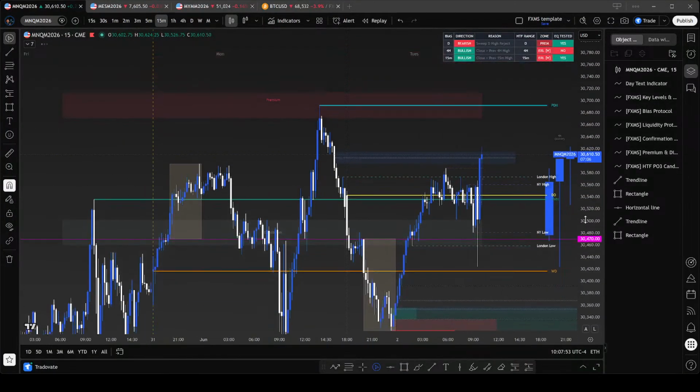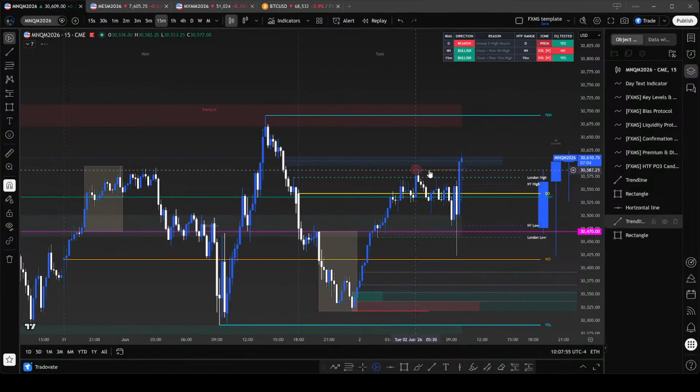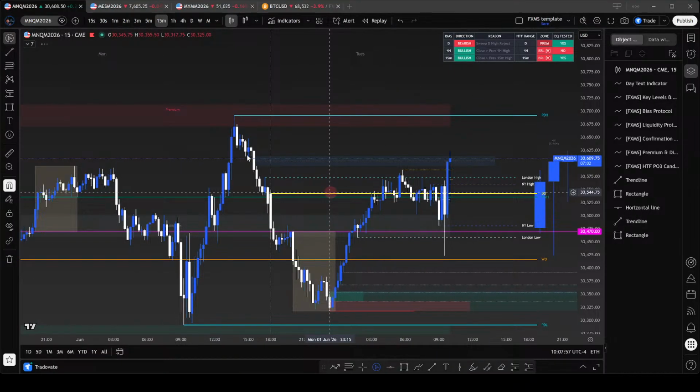If I look at the structure right now, we are holding this point of interest, and if we get a closure back below this sweep here, then we could look for price to come down further. Holding this right shoulder area here.